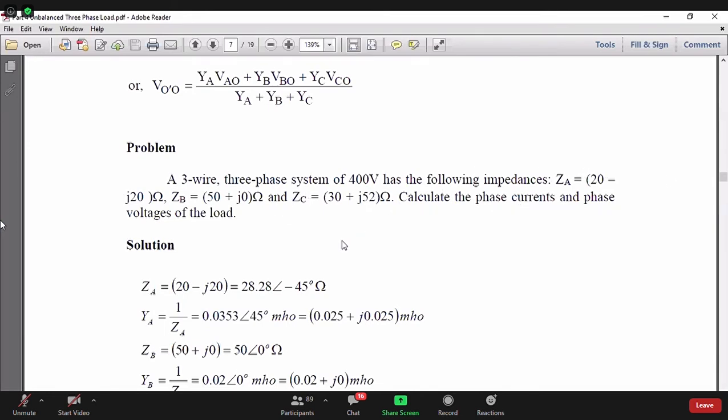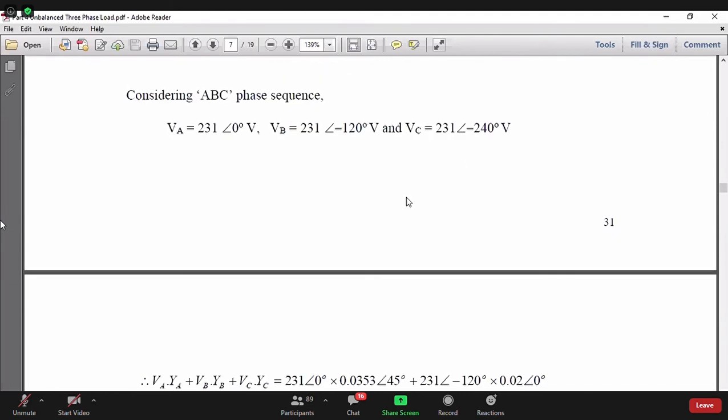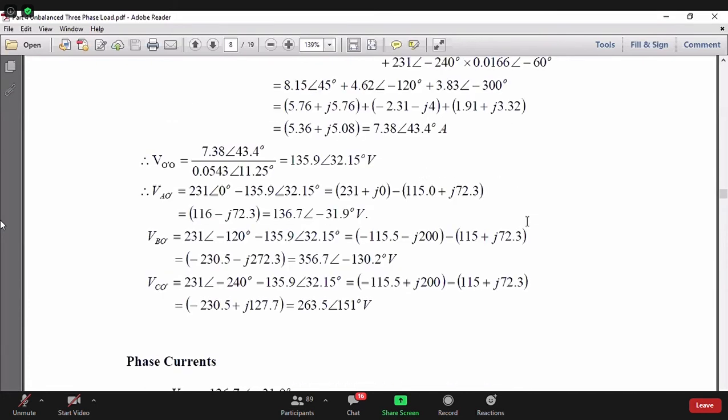And see, I'm just saying that this is your locality. That means the three groups of houses in three phases have this sort of load, this sort of impedances. What is going to happen is that A phase will have a voltage of 136, whereas B phase will have a voltage of 356 volts. What will happen to your household appliances?